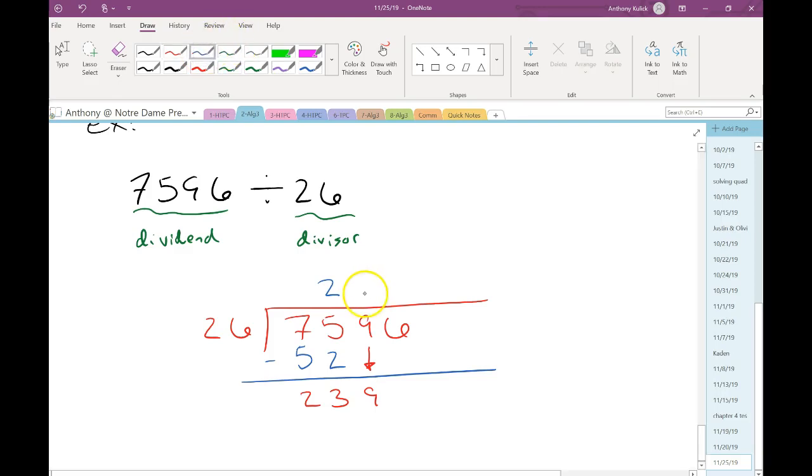Okay. Then we ask ourselves the same question. We ask how many times does 26 go into 239? Well, it's got to be less than 10 because 10 times 26 is 260, right?